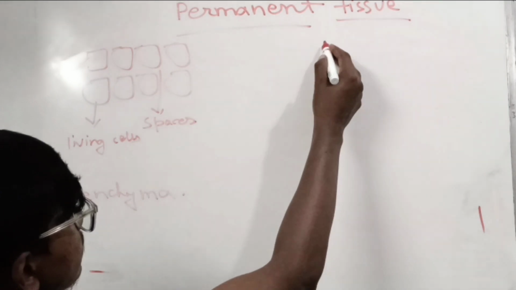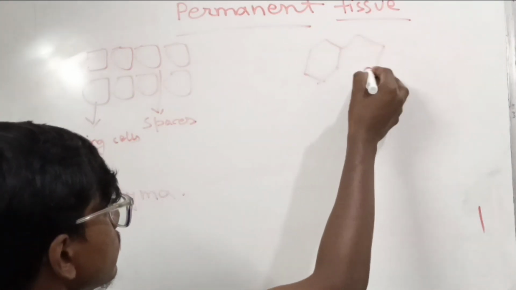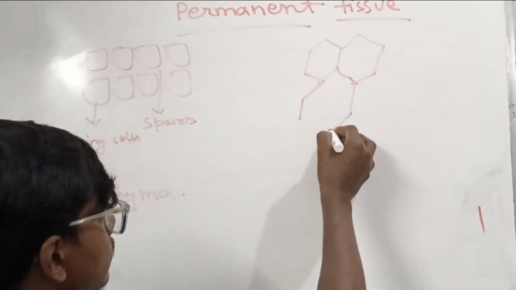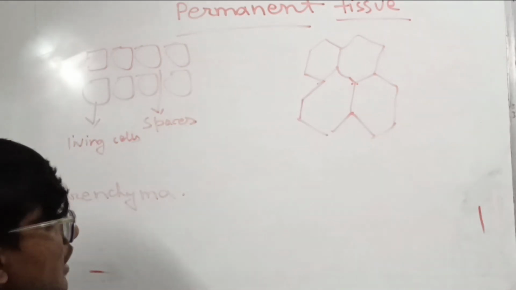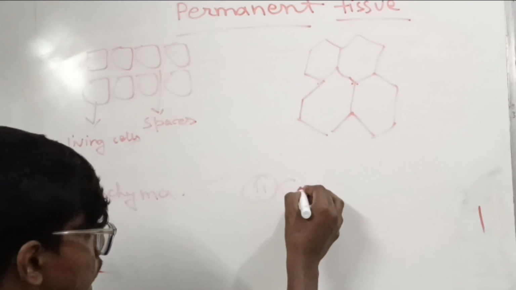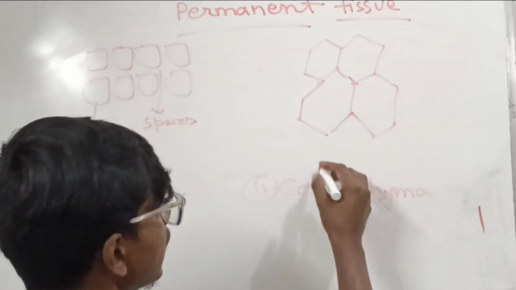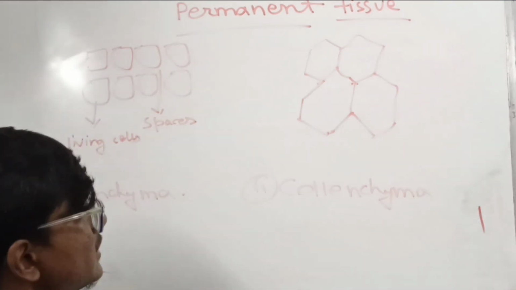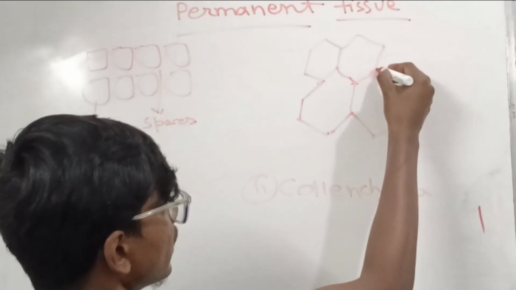Second, you can see, suppose these four cells I will take for the second type, that is the collenchyma. So the main characteristic of this collenchyma, I will say, is the corners of the cells.